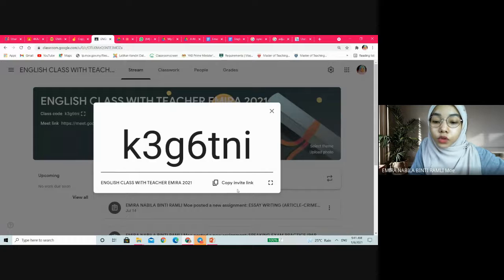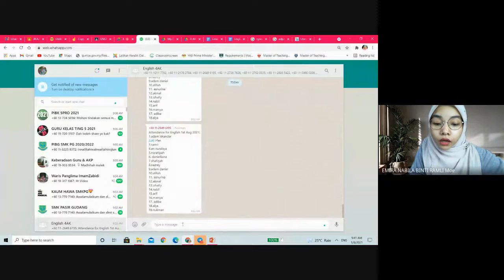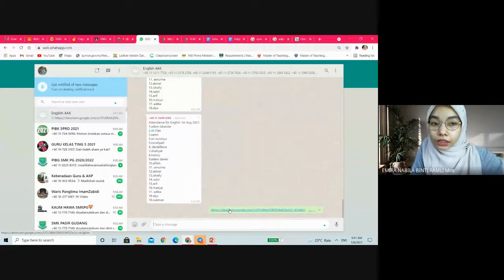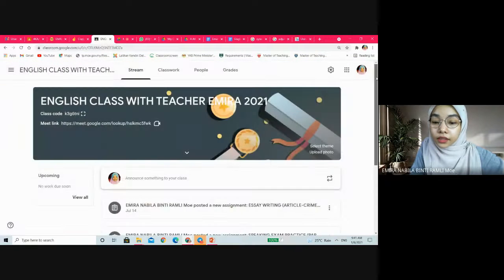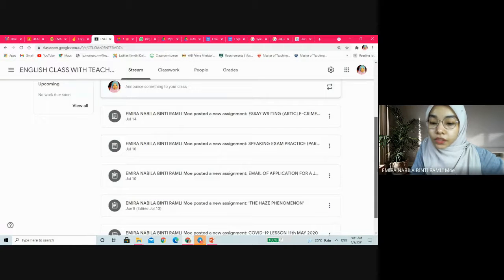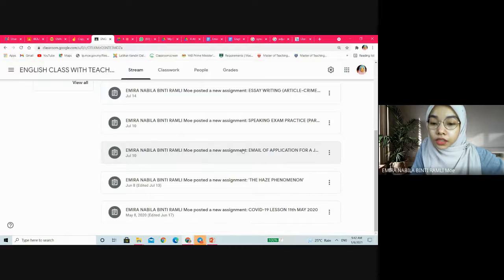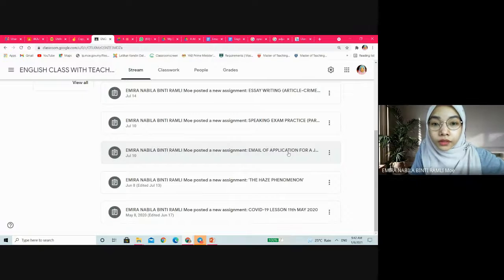Okay, saya bagi semua. I copy this invite link and then I bagi dekat you punya WhatsApp. So invite link ni, pada invite link ni awak pergi cari the class. Cari kelas ni. Kat bawah ni ada email of application ni. Ini awak punya kelas. Saya try masuk boleh? Okay. Try lah. Boleh?